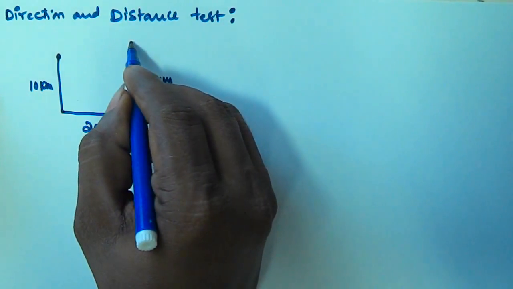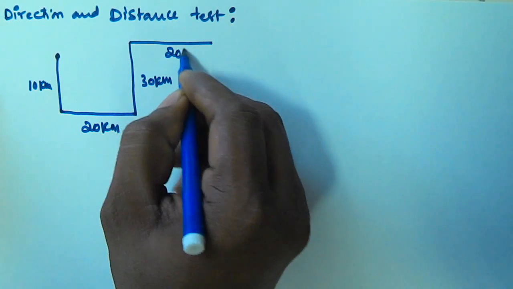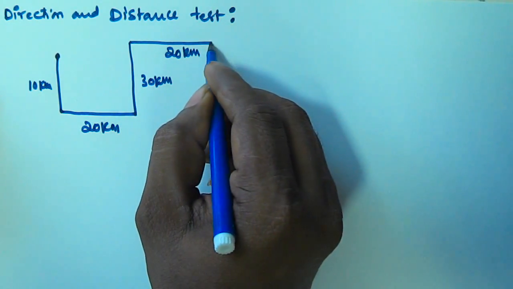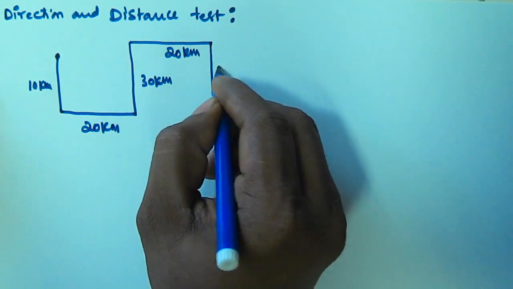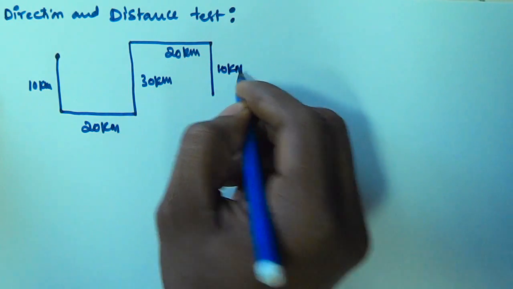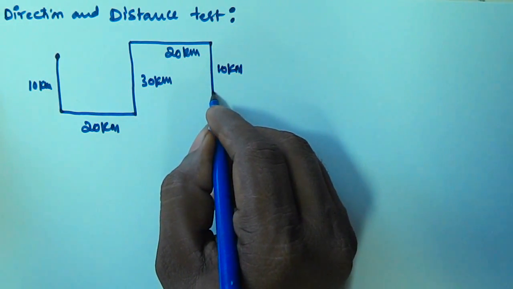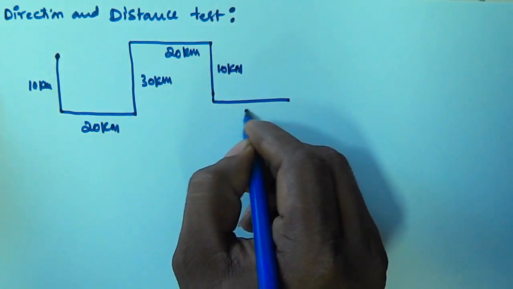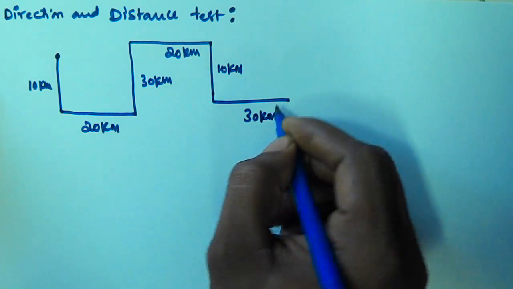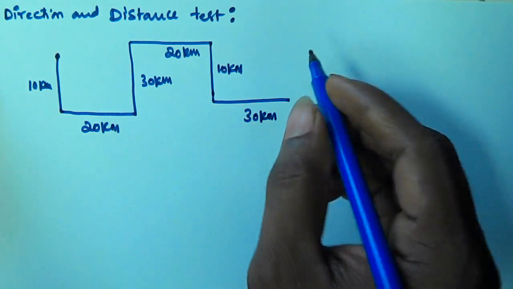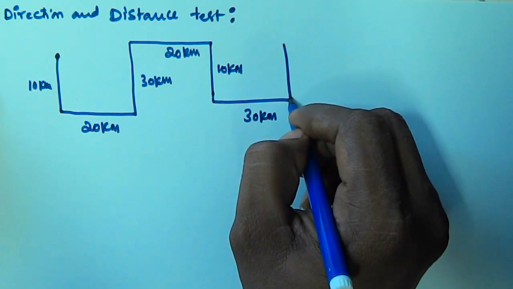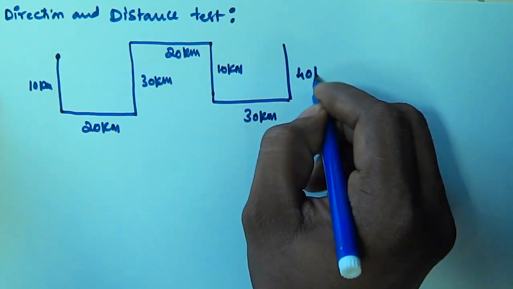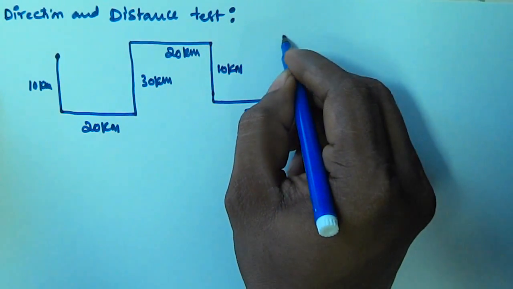From there he took the right and traveled 20 kilometers, and again he took the right direction and traveled 10 kilometers. From there he took left side and traveled 30 kilometers. From there again he took the left side and traveled 40 kilometers.